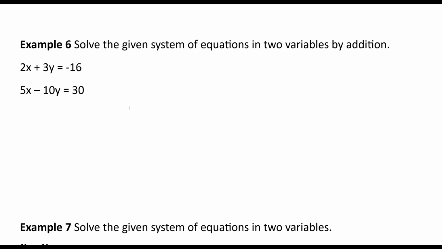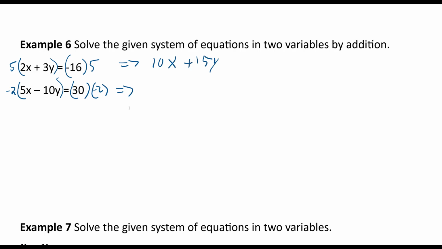If I multiply the first one by 5 and the second one by -2, we're going to have 10x plus 15y equals -80, I believe. Then -10x plus 20y, it's -2 times 10, -10, equals -60.